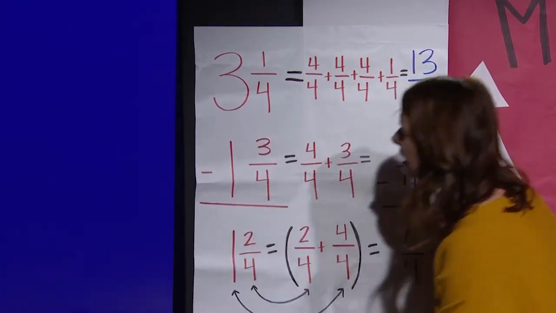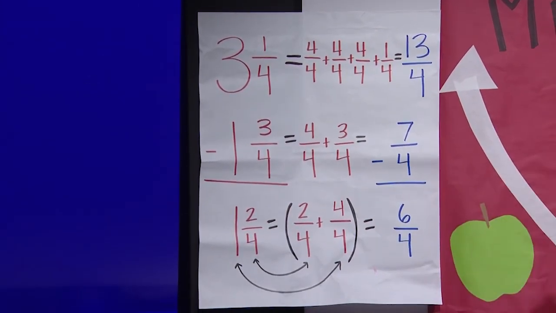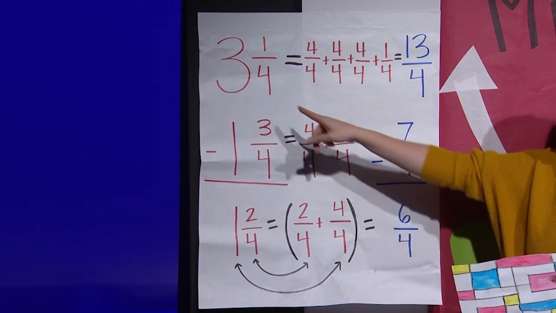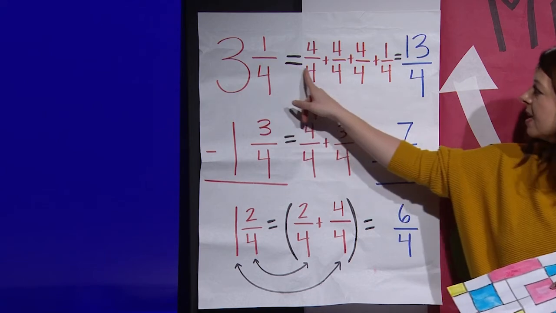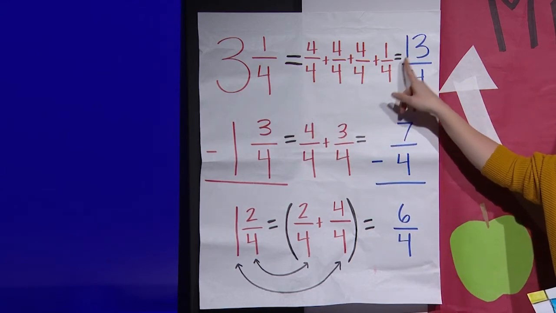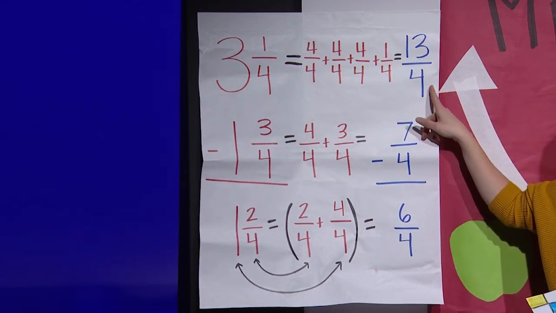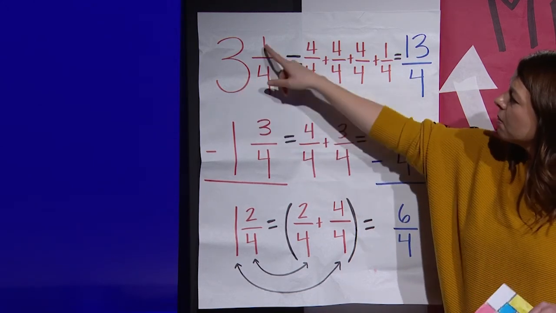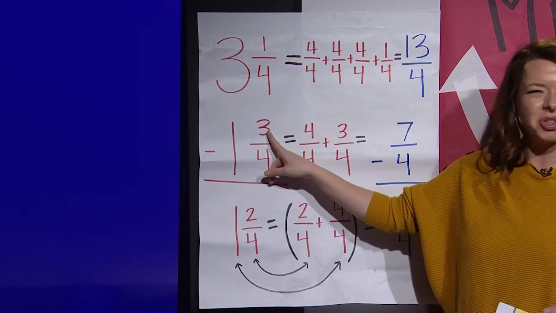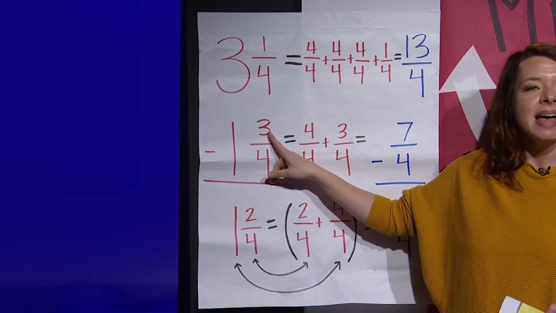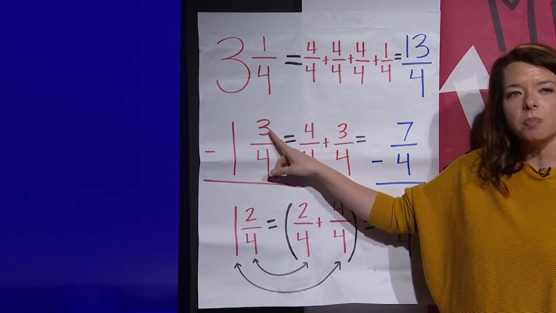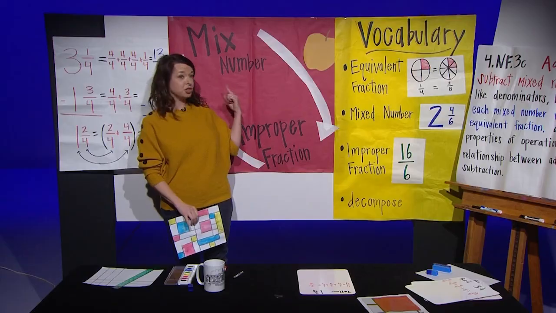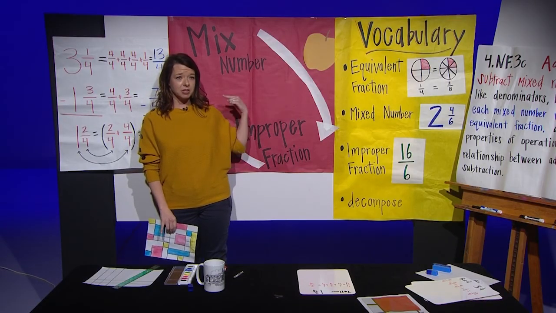It's all right here. Do you remember on our art when we created 3 and 1/4? Do you remember that? And we decomposed the fraction right here and we got 13/4. This is where this comes in handy, because right here on this subtraction problem, can you say 1 minus 3? You can't. That's when you have to regroup. And when you regroup, all you do is you go from mixed to improper, improper to mixed.